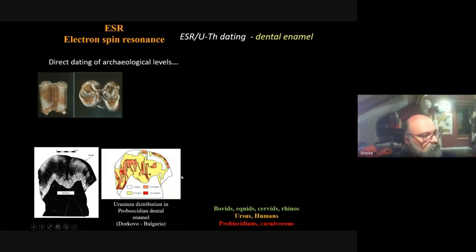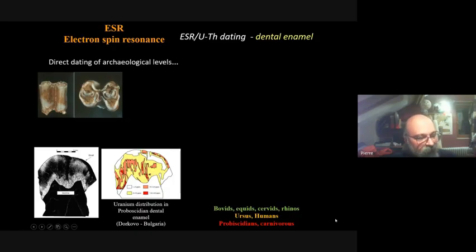You see we have here the example of a proboscidean tooth, and here the distribution of uranium in the enamel of this tooth, and you see it's very, very different area by area. It's very complicated to analyze precisely and to know precisely the amount of uranium in each part of the tooth.